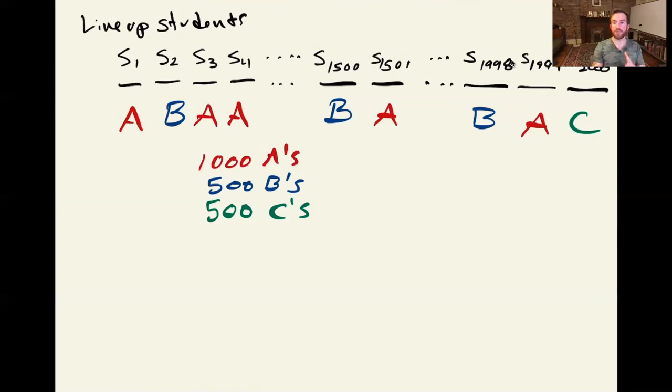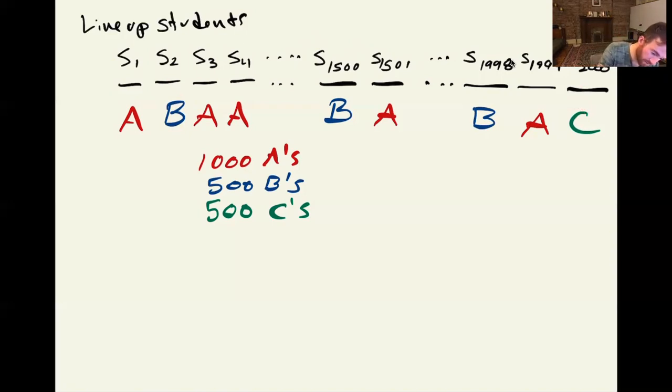And so here's the procedure for assigning students to schools. I create a random permutation of this 2,000 length word, which has 1,000 A's, 500 B's, 500 C's. And now that I've got this word lined up, the assignment process just says, okay, student 1 got an A in this permutation, so they're going to go to school A. And student 2 got a B in this permutation, so they're going to go to school B. And student 2,000 got a C, so they're going to school C or school 3.